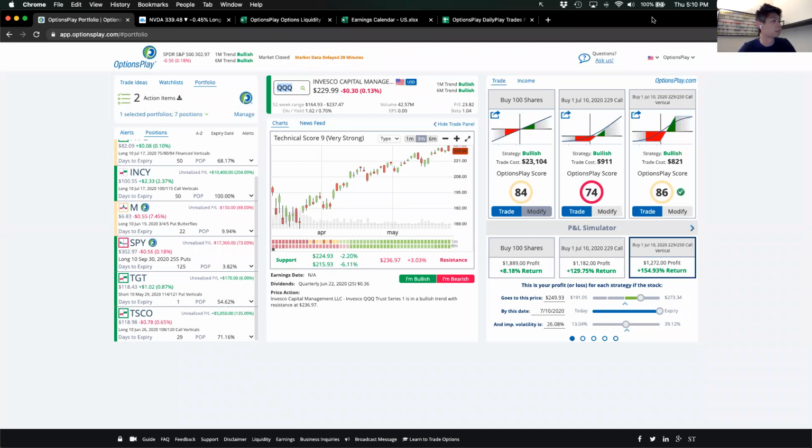How do I get into this trade, or why should I trade something with low open interest?